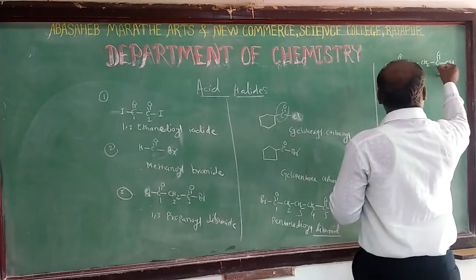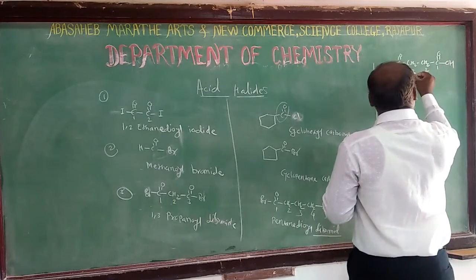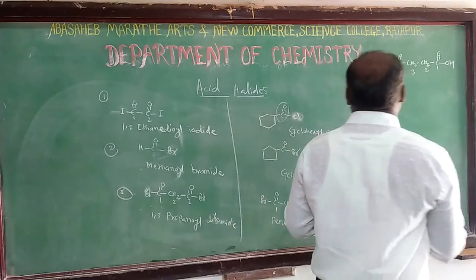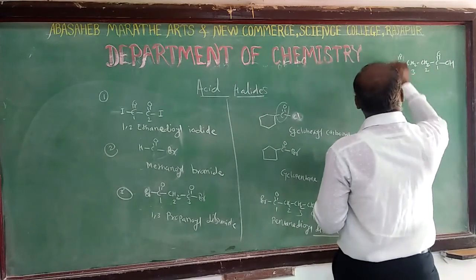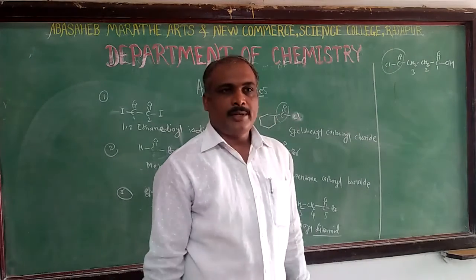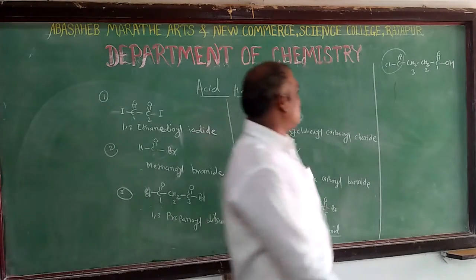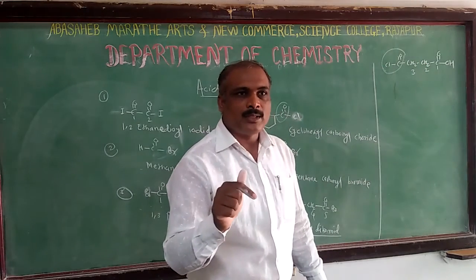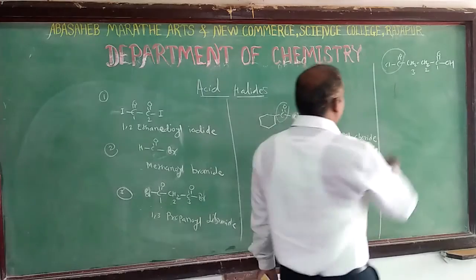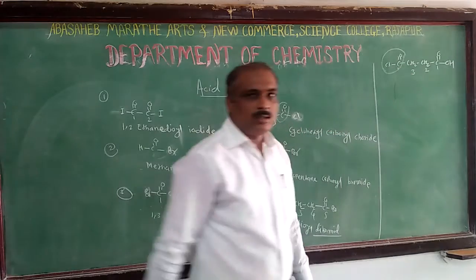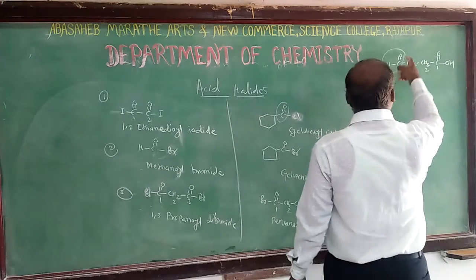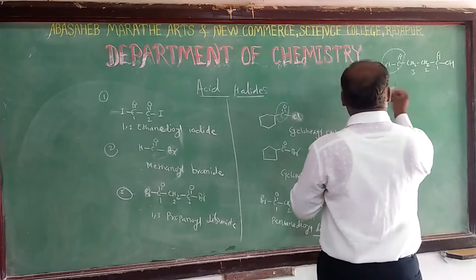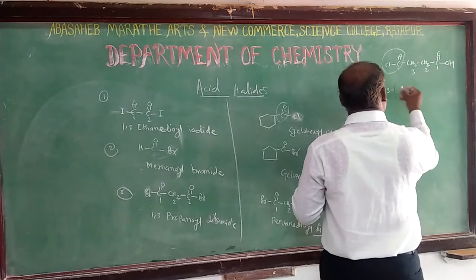So numbering is given as 1, 2, and 3. The third position has this group, which acts as the substituent. So the third position has an acyl group, and how many carbons? It is 1 carbon, so the group name is methanoyl, right? So write the name for the structure with the third position in brackets.